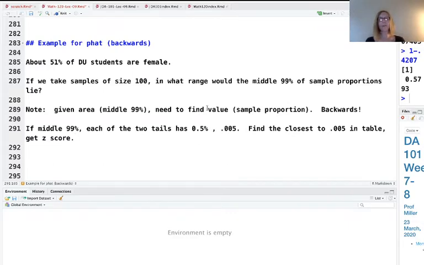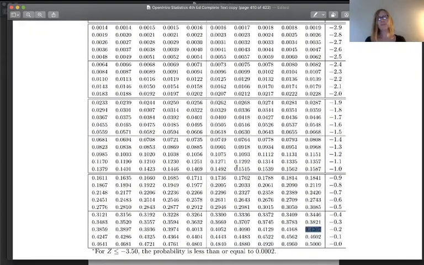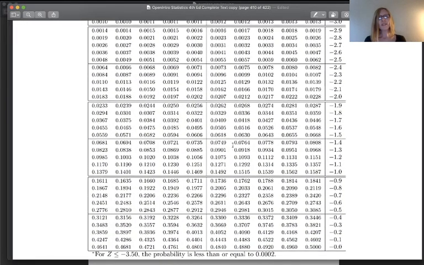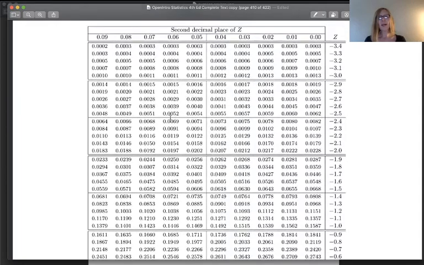It's a backwards problem. So let's do it. I've got the table up on the other page. I'm going to look for it. We are looking for 0.005, at least the closest thing that we can get. It's going to be towards the top. And here's an example where two of them are equally good. There's 0.0049 and 0.0051.